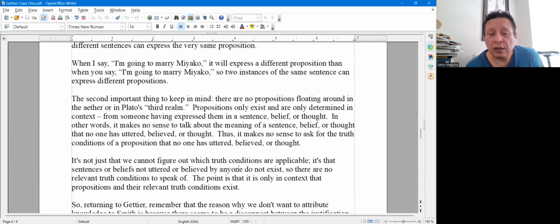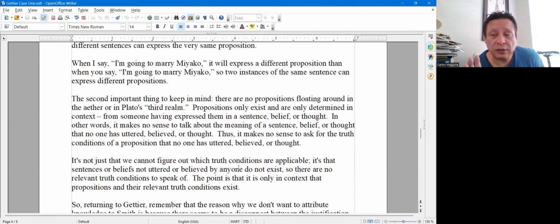It makes no sense to talk about the propositions of sentences that nobody has ever spoken or believed, because there's no context. Propositions only exist within context, right? So thus it makes no sense to ask for the truth conditions of a proposition that no one has uttered, believed, or thought.